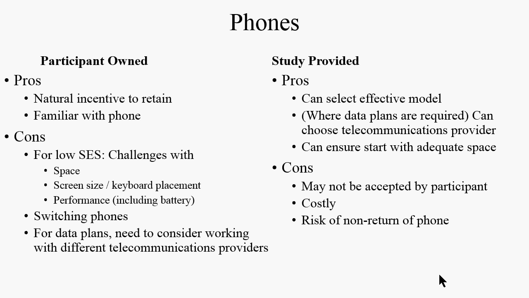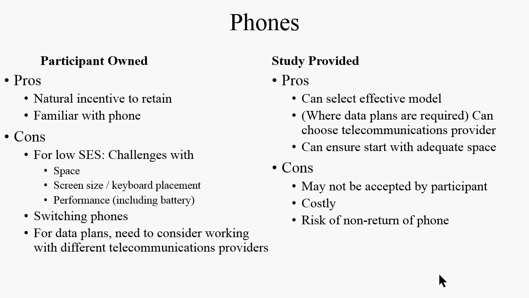Yeah. So I think the corollary to "may not be accepted by participant" under cons for the study-provided phones is we generally observe lower compliance. For example, sometimes we've issued Android phones to participants who have iPhones because they don't have an iPhone yet, and about halfway through the study they decide that they'd rather just use their iPhone, and then the study phone ends up in the drawer, and we get 2 weeks worth of data.